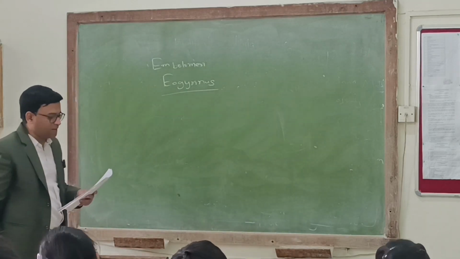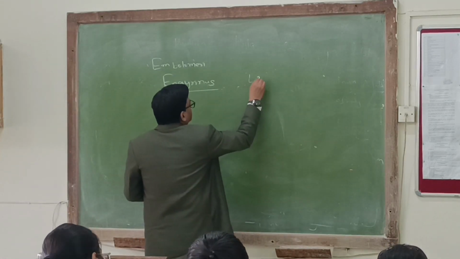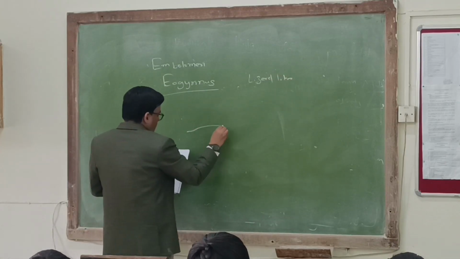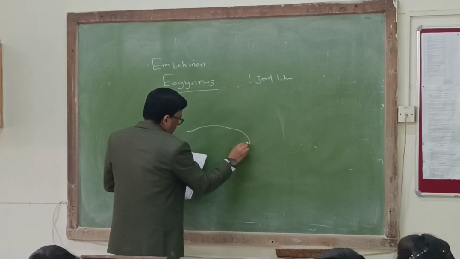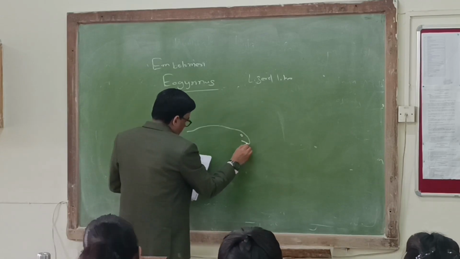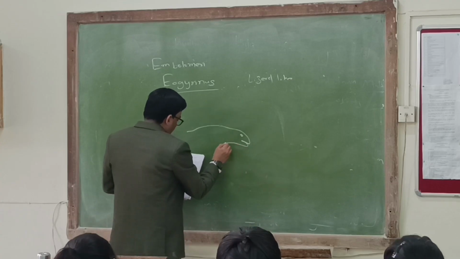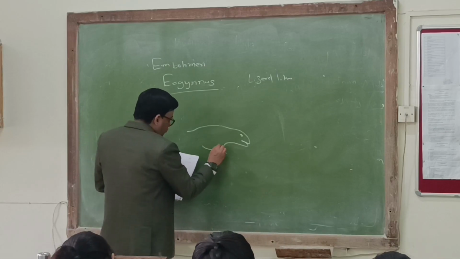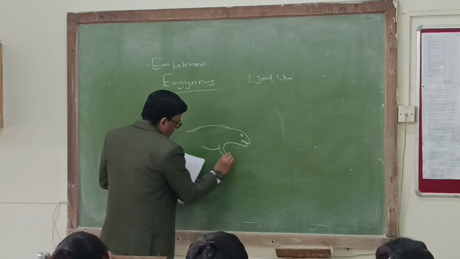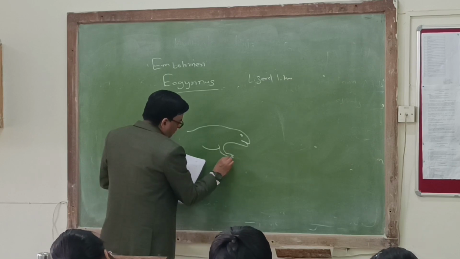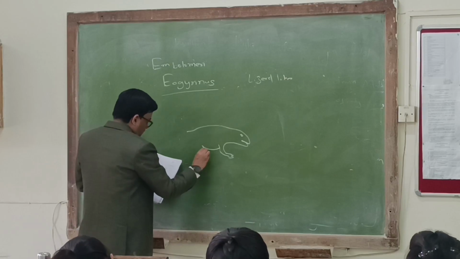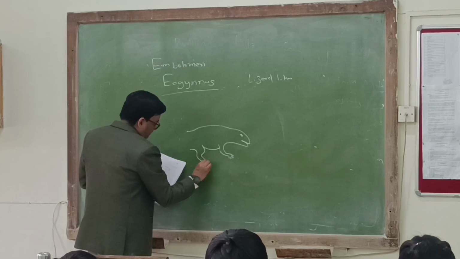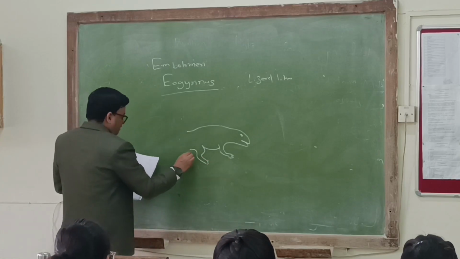This Eogyrnus is small, lizard-like, having prominent eyes and of course the labyrinthine teeth, and there will be webbed toes in both the legs, in both the limbs.